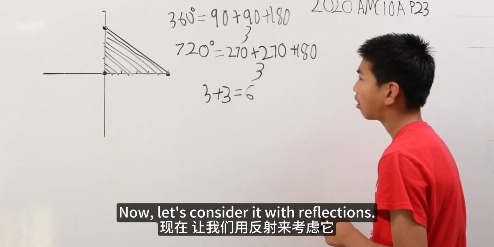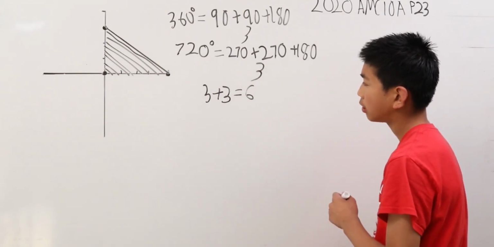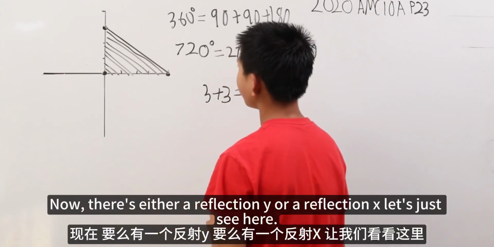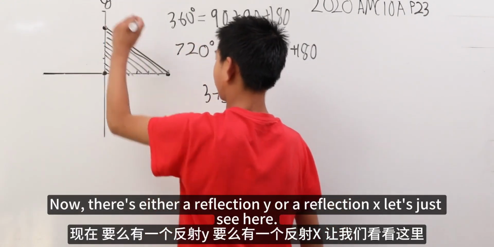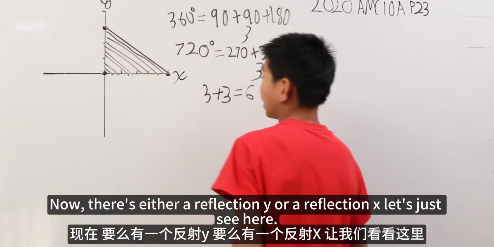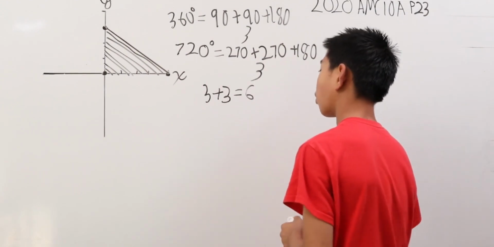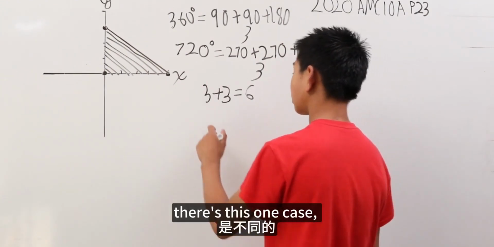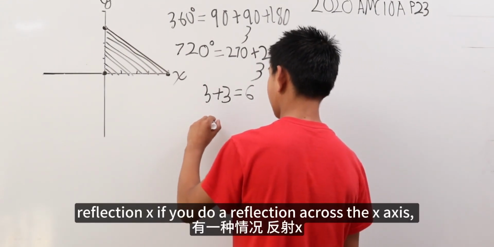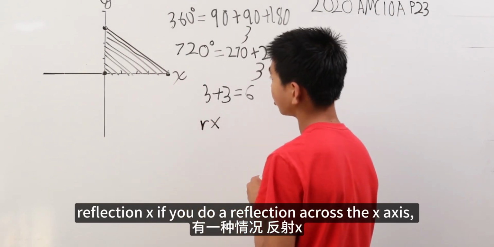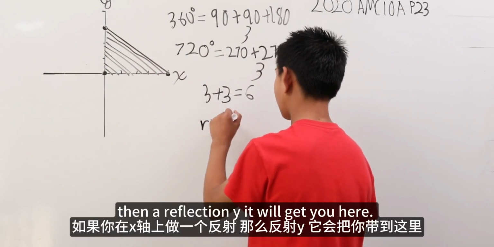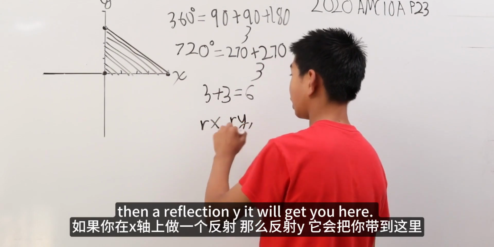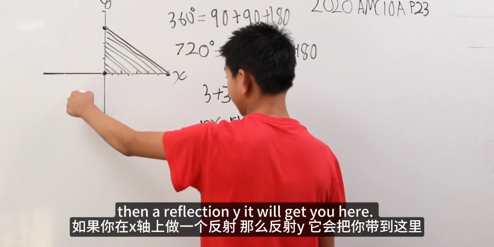Now, let's consider it with reflections. And now, there's either a reflection in y or a reflection in x. And let's just see here. Since they're all different, there's this one case, reflection x. If you do a reflection across the x-axis, then a reflection across y, it will get you here.